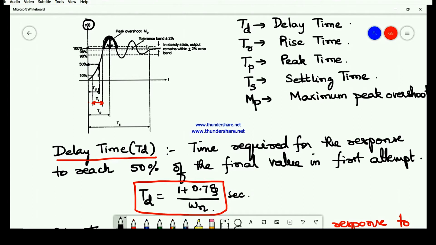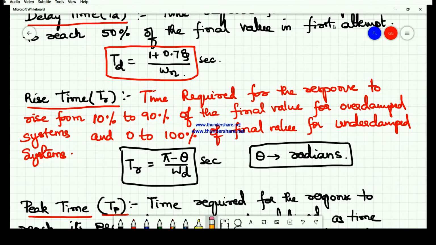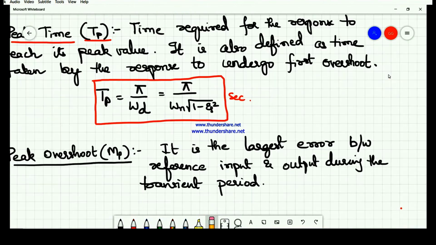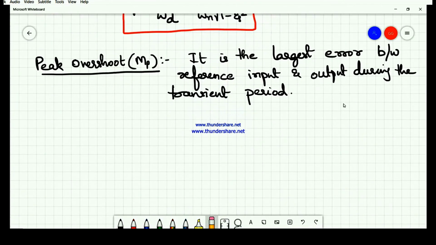So we need to know how to calculate the maximum peak overshoot. The other peaks in a sinusoidal variation will always be smaller than the maximum peak overshoot, so the first overshoot is always the maximum peak overshoot.